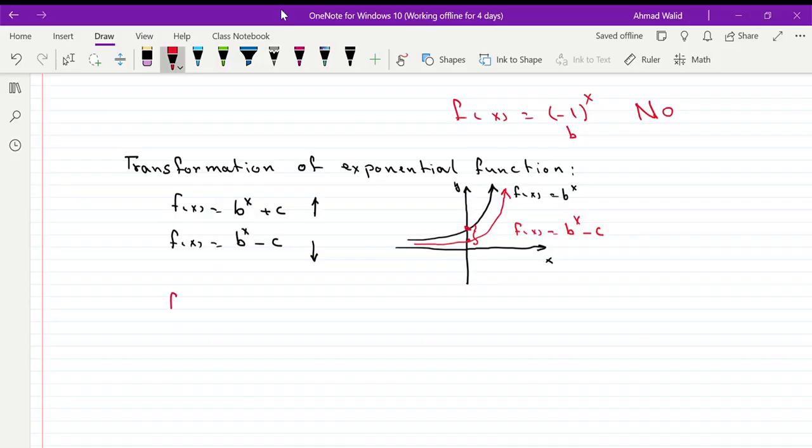Next, if you have f of x equals b to the power of x plus c, or if you have f of x equals b to the power of x minus c, in the exponent: if you have x plus c, your graph shifts c units to the left, and if you have x minus c, your graph shifts c units to the right.